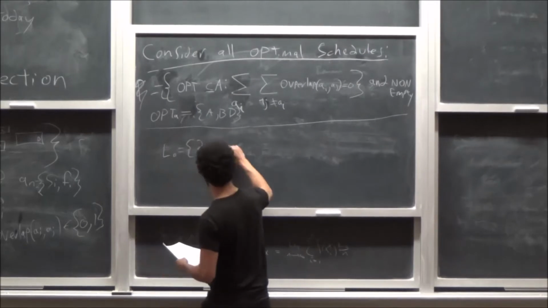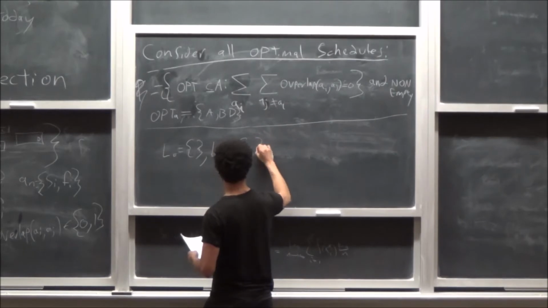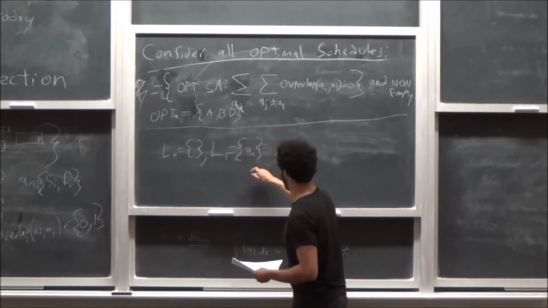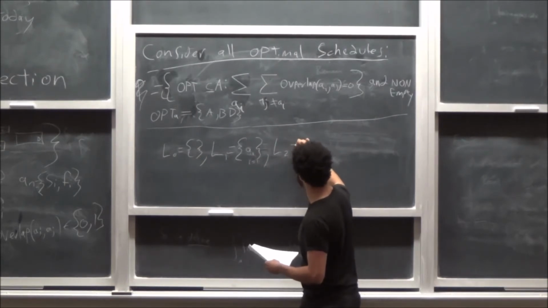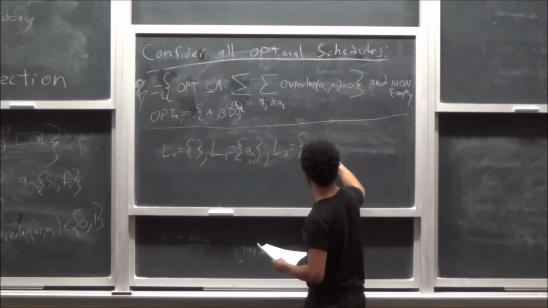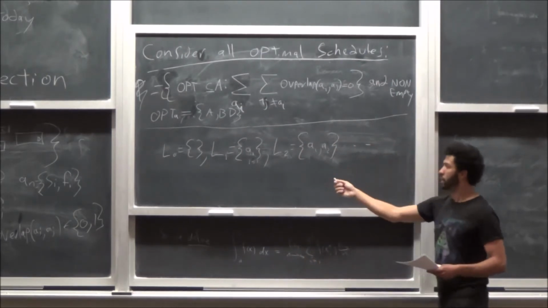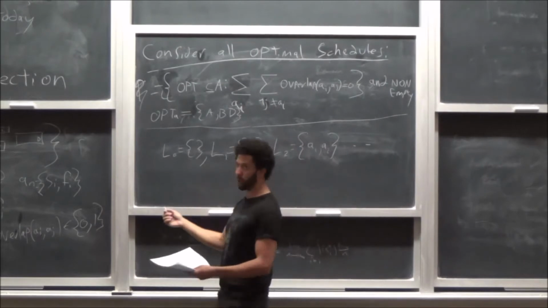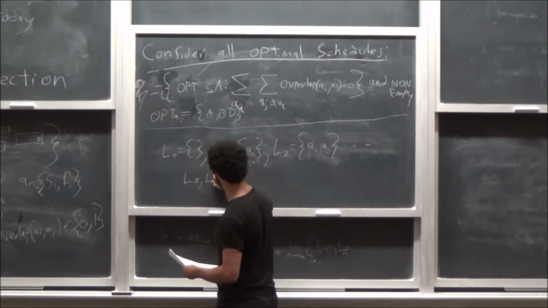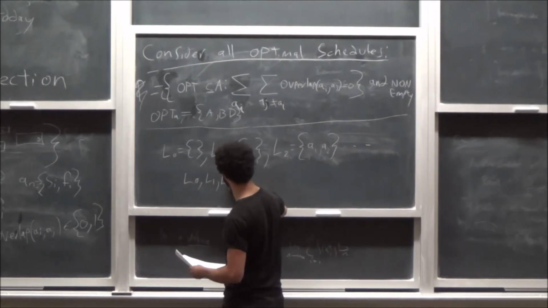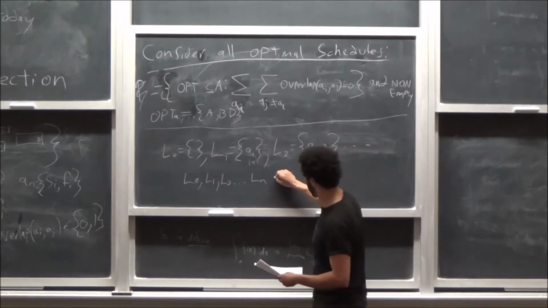Then L1 is going to have some A1 in it, A for iteration 1, where i equals 1. L2 will have A1 and A2, and so on. What we believe our algorithm does is that given L0, L1, L2, all the way to Ln, at Ln, Ln equals optimal.